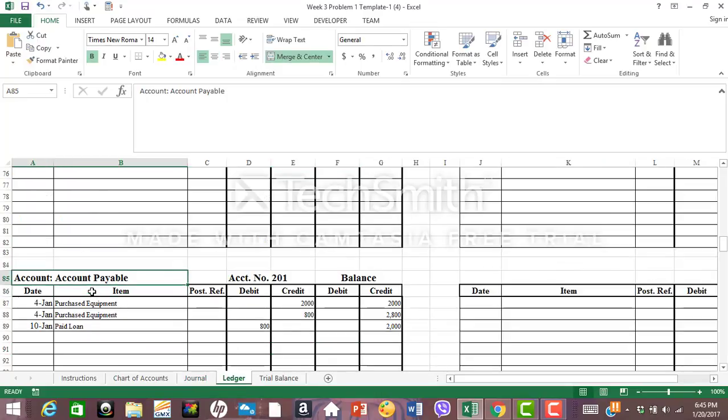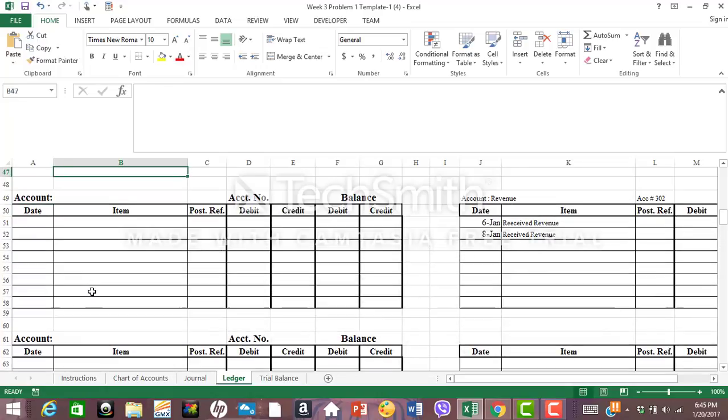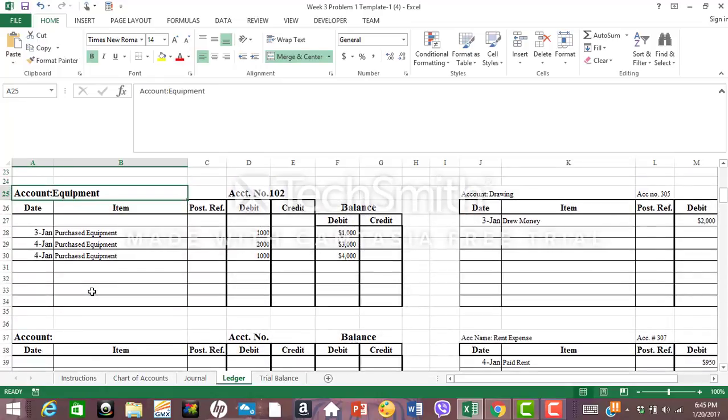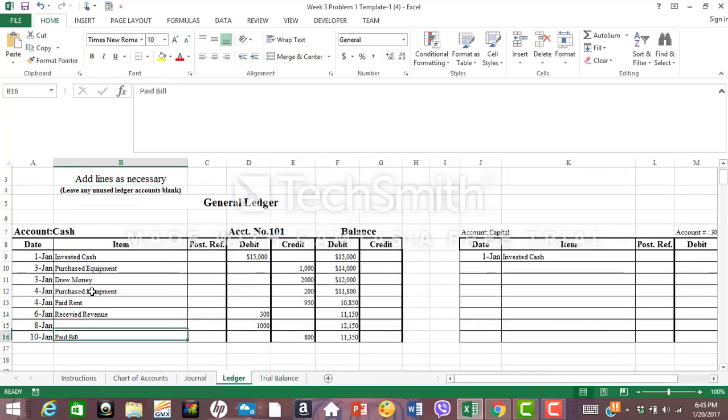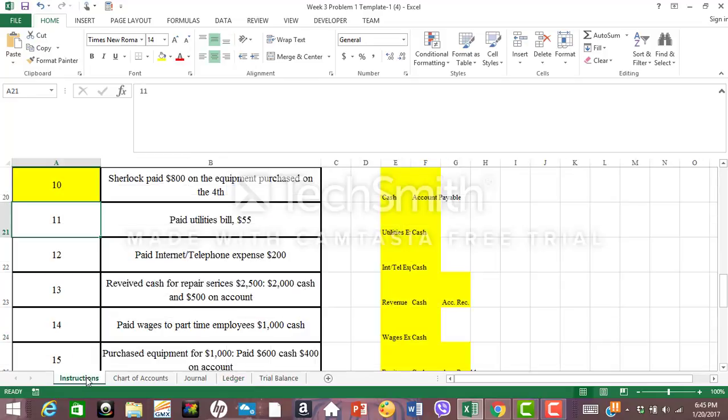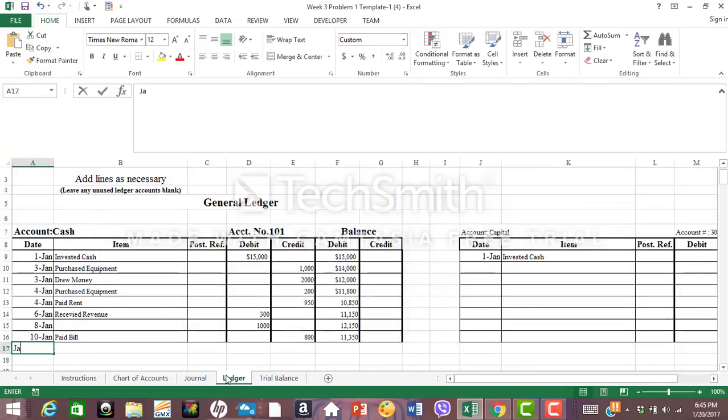and then we go to cash. It's going back and forth all the time, but you can get confused really quickly here. January 11th, paid utilities. You don't actually have to do the item right here if you don't want to. You could just do the credit debits. I just do it just to make it a little bit easier. All right, $55. So now the new balance under cash is $11,295.